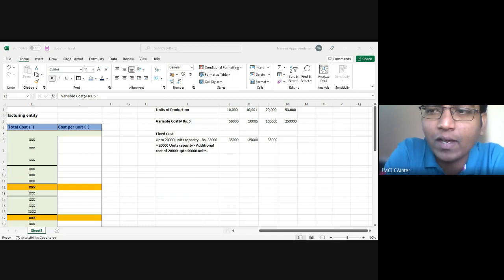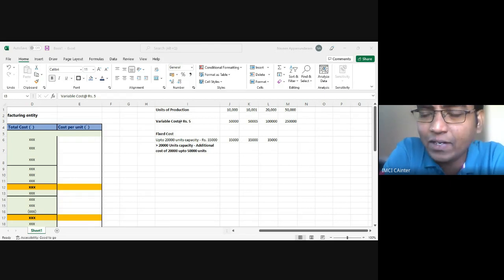For every additional unit of production the cost will vary, or in the sense that the per unit cost remains fixed. If the additional unit of production takes place, the cost will be incurred.